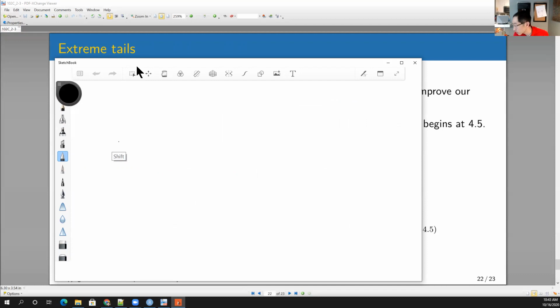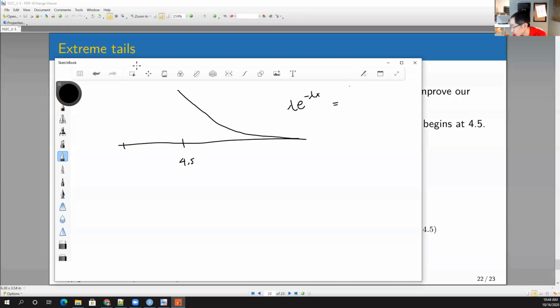Instead of generating values from the normal distribution, which produces way too many values that are less than 4.5, I can just take an exponential distribution. If the exponential distribution is lambda e to the negative lambda x, with lambda equal to 1, I can just get e to the negative x.